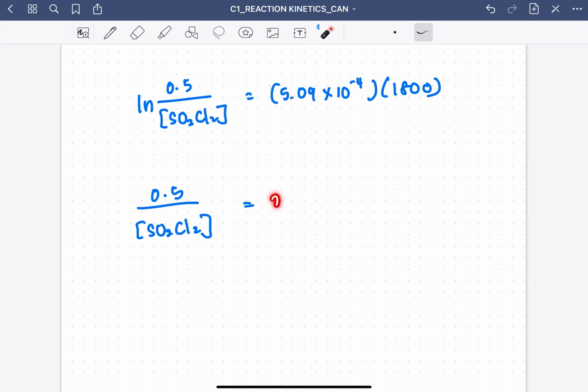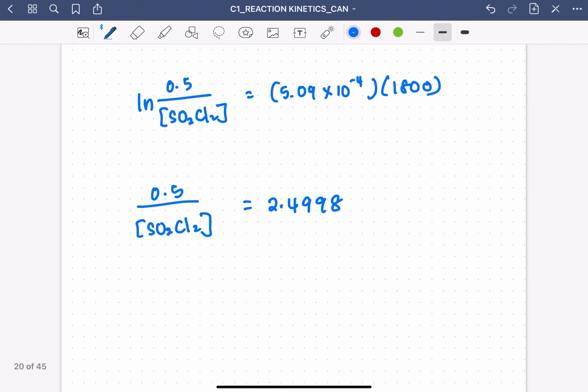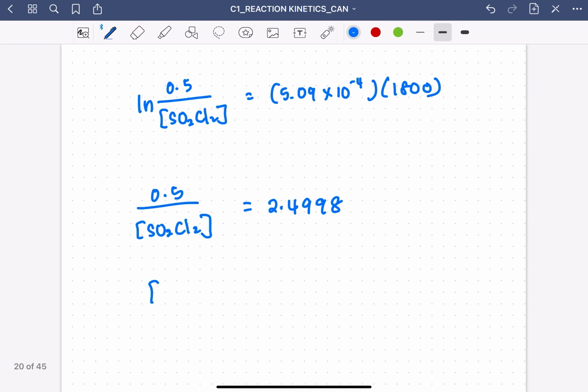So we are going to get 2.4998, and therefore this one is 0.20.